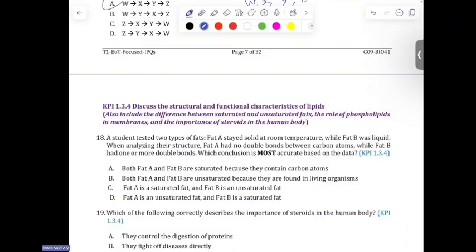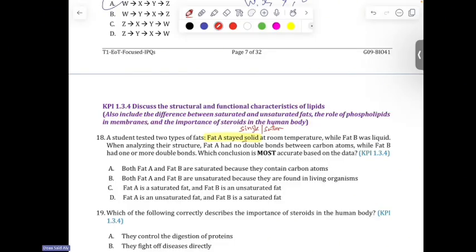A student tested 2 types of fats. It's okay. It's a new part. They tested new types of fats. Great. Fat A stays solid. Solid starts with the letter S, so it has a single bond and it's saturated. You will do the same in the exam.